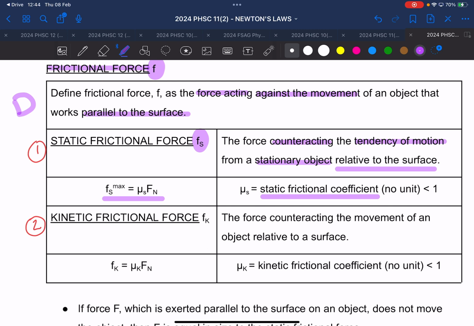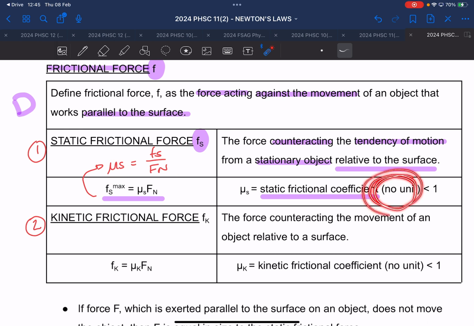Okay, now the coefficient of friction is actually a ratio between the force and the normal force. And that fraction formula is on your data sheet. Now frictional force is measured in newtons. Normal force is measured in newtons. So it's newtons divided by newtons, so the coefficient actually has no unit.